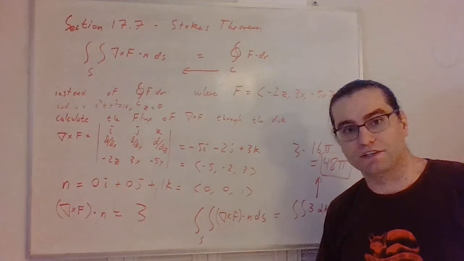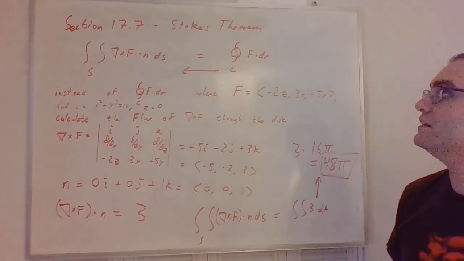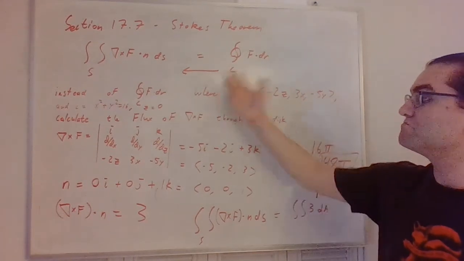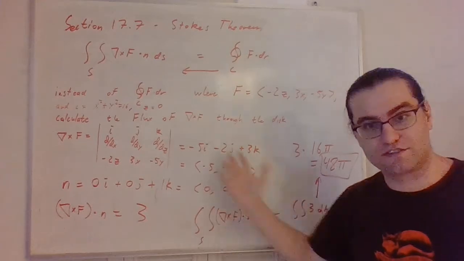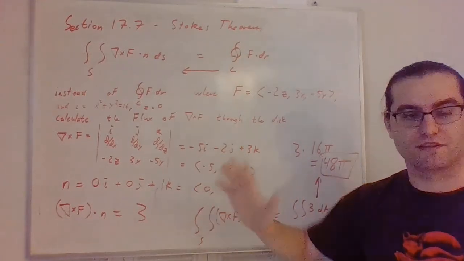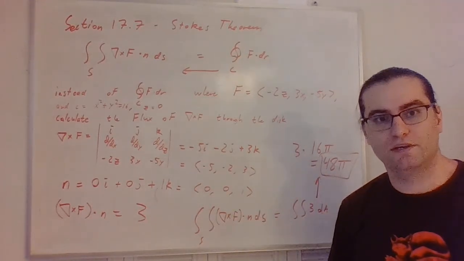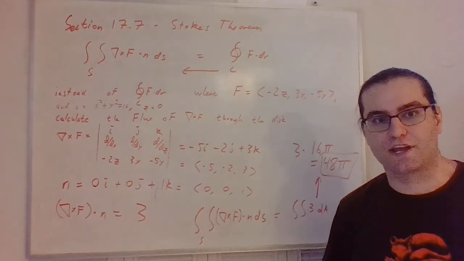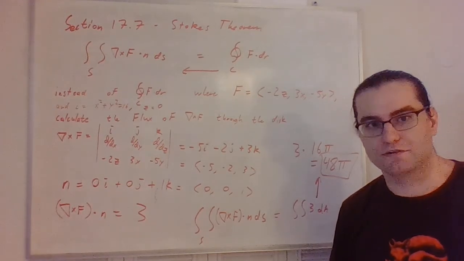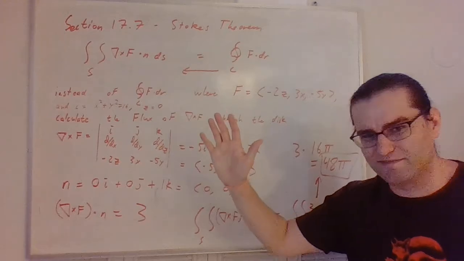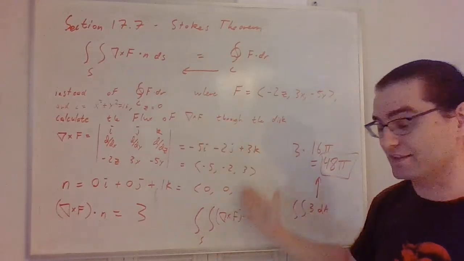It's pretty great, actually. I think the Stokes theorem version of this problem is easier than the line integral version of this problem. I mean, raise your hand if you remembered the half-angle formula for cosine. Maybe. I like this better.